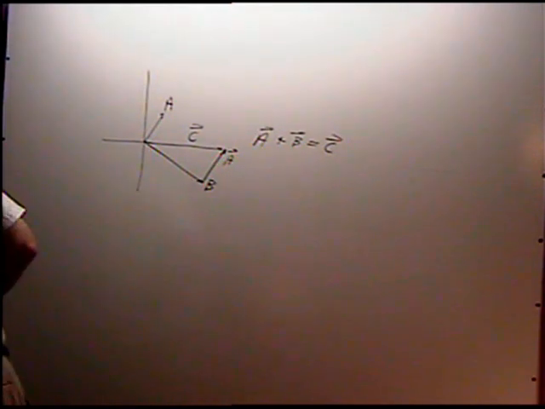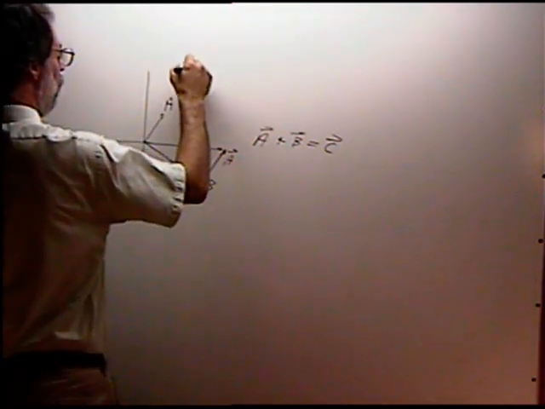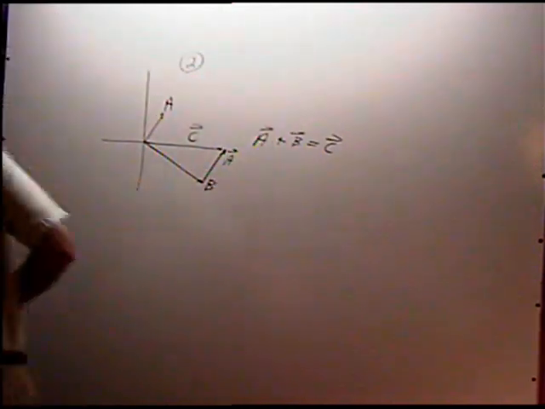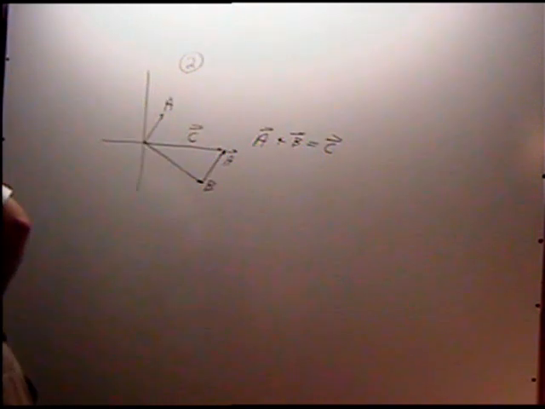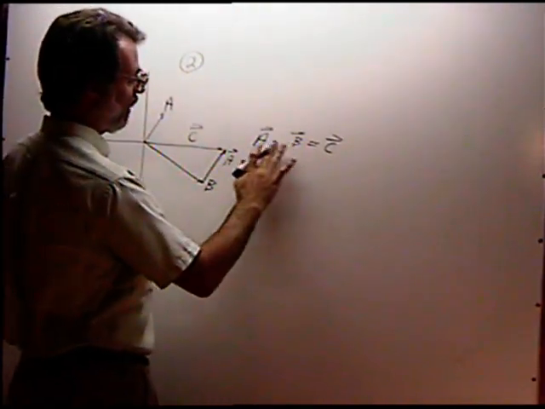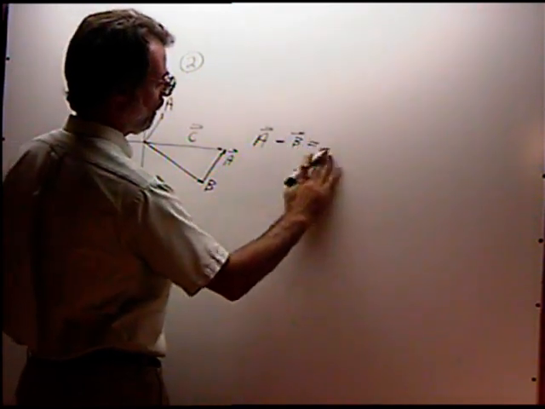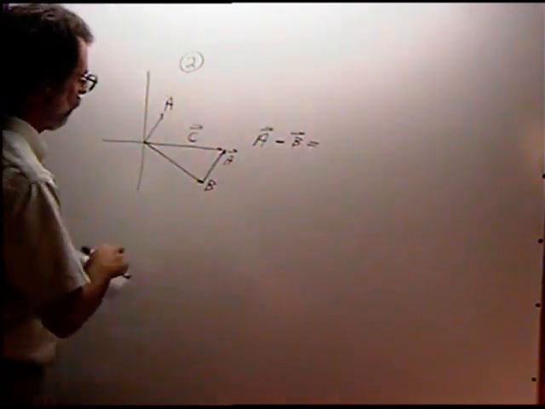Now question number 2, that's A plus B. Question number 2 says to subtract the B vector. So now I want to say, okay, what's A minus B? Now I want to do A minus B. So how do I do that?